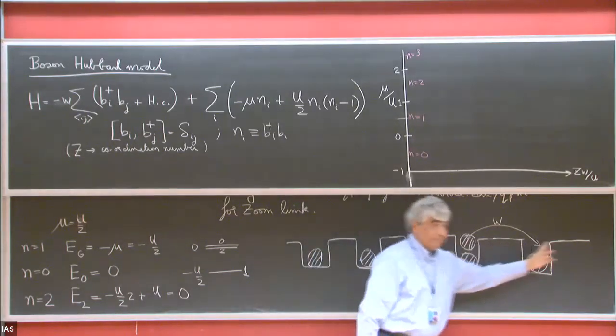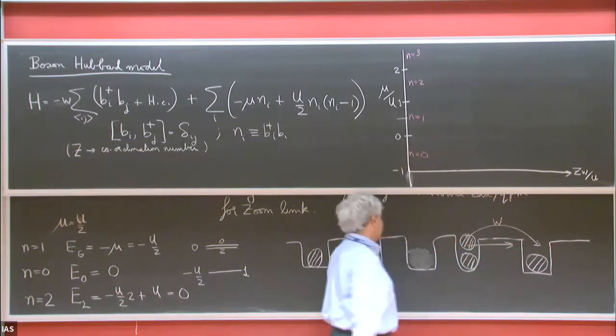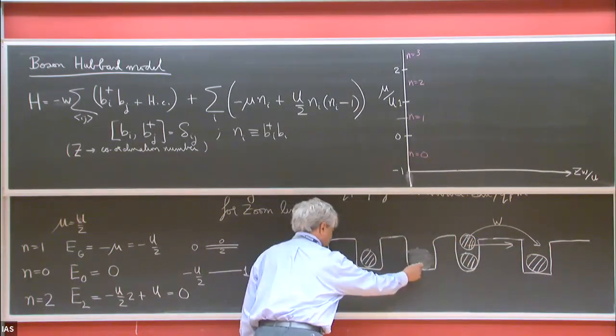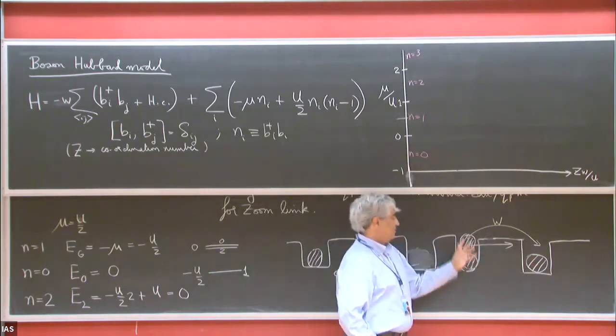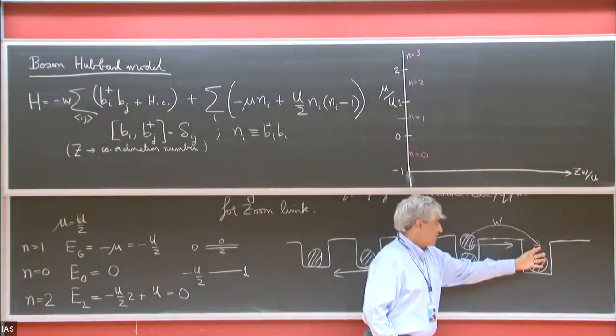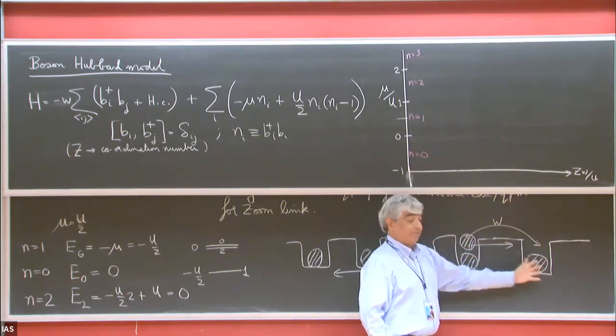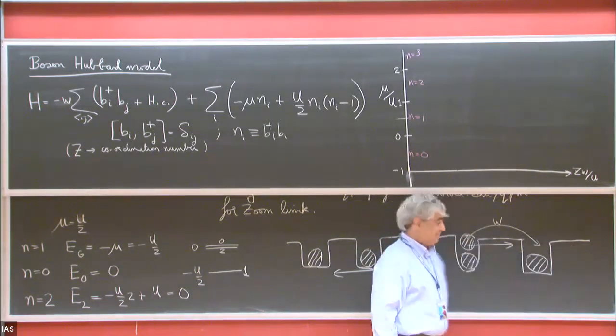This thing can move freely. So this just starts to move. And similarly, this hole can also move freely. And the reason there's no energy cost is, of course, you already paid the repulsion cost here. And once you go there, it's the same energy. And the on-site energies are the same. So you have to treat this with degenerate perturbation theory.